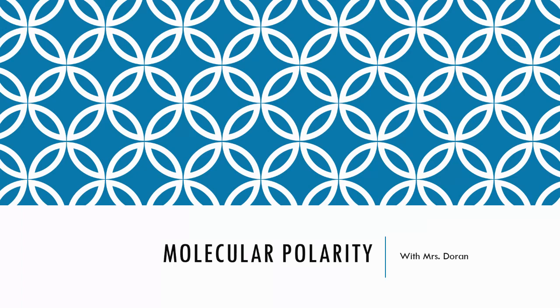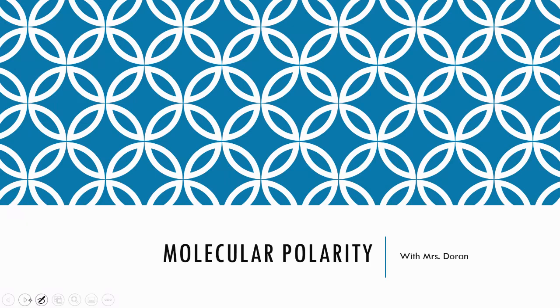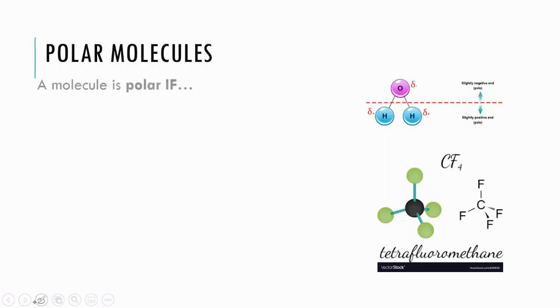But we now need to be able to expand on that and look at how the bonds in molecules are arranged in three-dimensional space and what effect that has on a molecule and its polarity. So, in order for a molecule to be polar, and again, that means it has a slightly negative side and a slightly positive side, it has to have polar bonds.